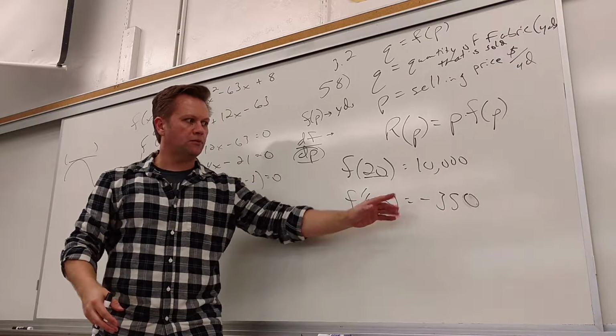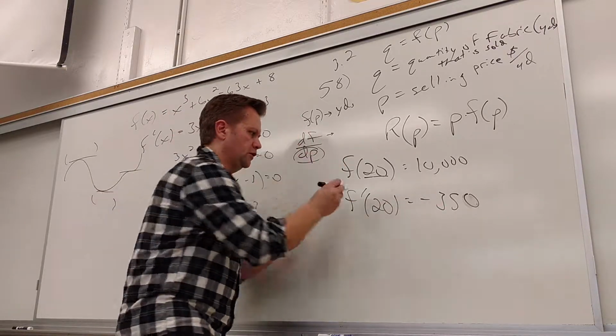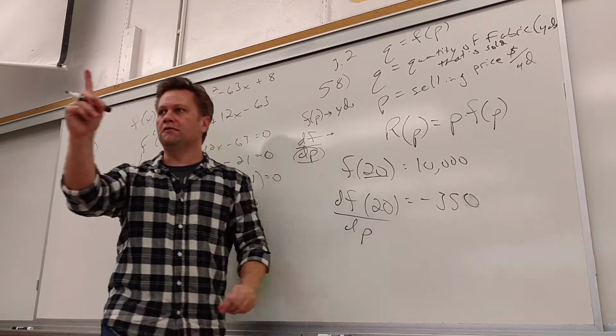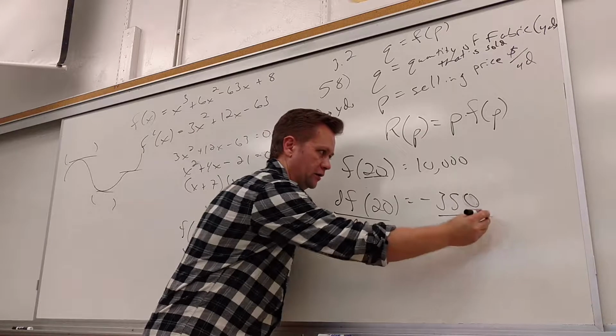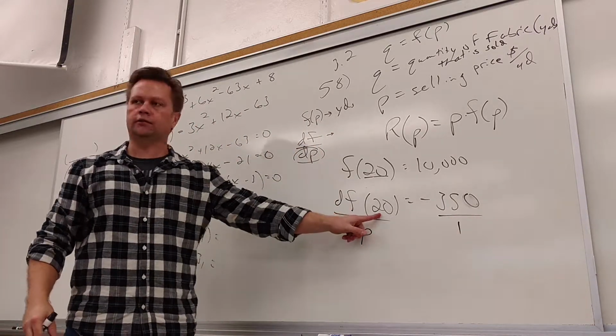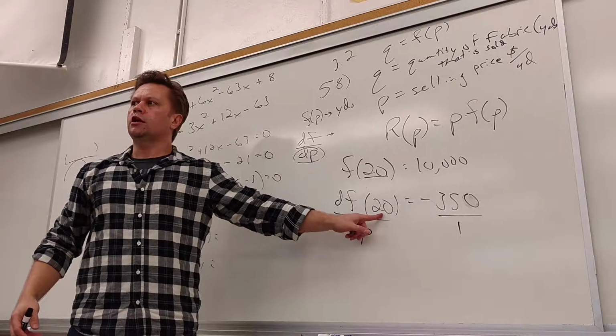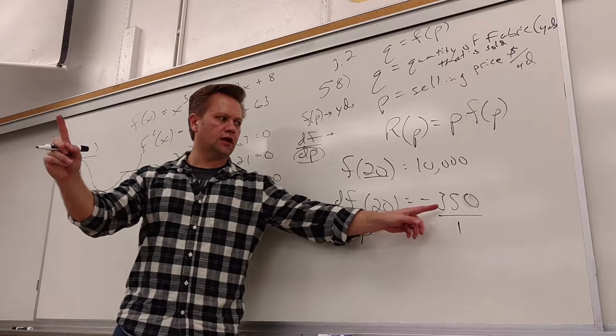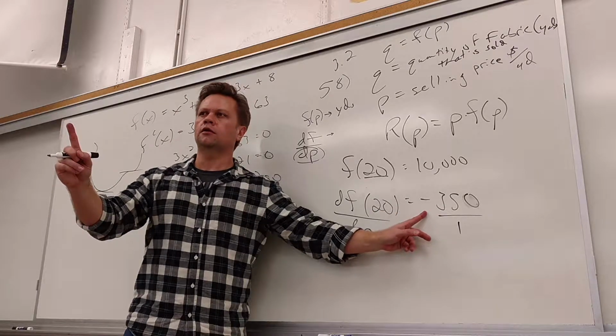The rate at which you sell. If I change my price by 1, because what is this over? 1. So a good estimate for where I am: if I'm at $20 per yard and I increase the price by $1 a yard, I'm going to sell less.